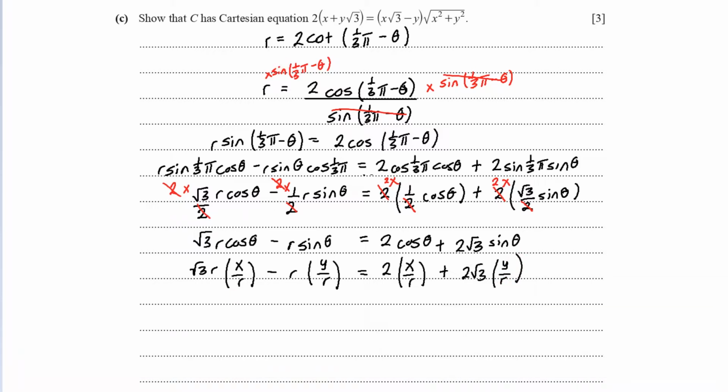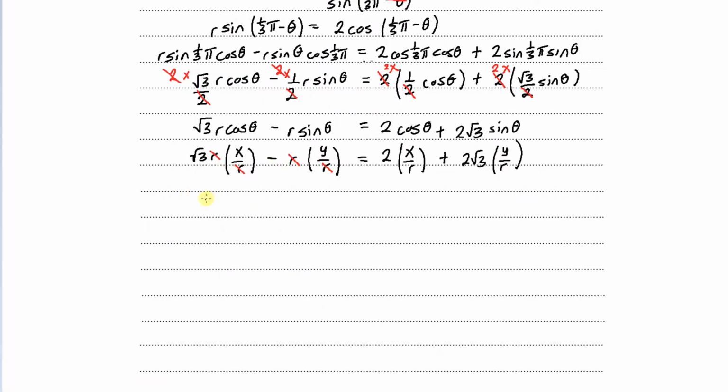Alright, so we know that the r's will again cancel on this side. So on the left side we'll be having x root 3 minus y is equal to, and on the right side we'll be having at the top that's 2x over r, and that's plus 2y root 3, and it's all over r.